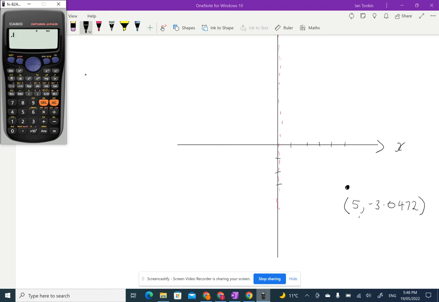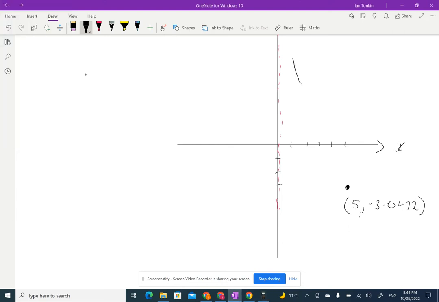So you get 0.00001, make that my answer, and then I go answer minus 5 times ln of my answer. Close that bracket. And I get 69. So this curve is shooting up there.